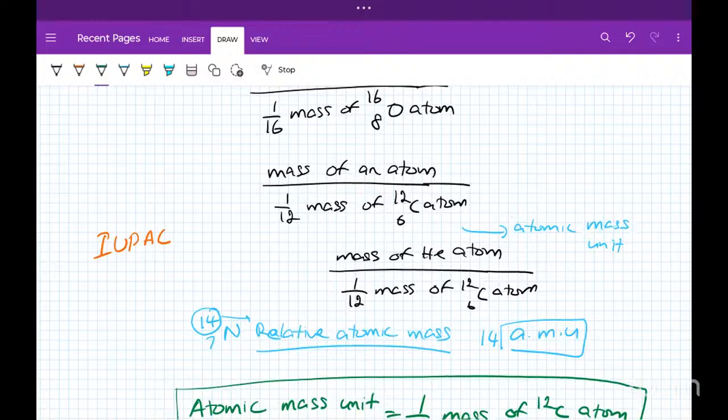Next bullet point. Relative atomic mass of an atom can be calculated based on the below equation.